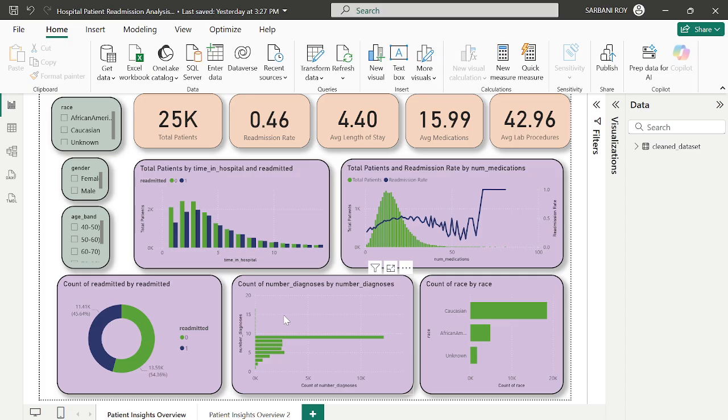The choice of the color is intentional. Green is used for the patient related metrics because it symbolizes health, growth, stability, and patient volume. Blue is used for the risk indicators like readmission rate because it signifies caution, analytics, focus, and serious outcomes.